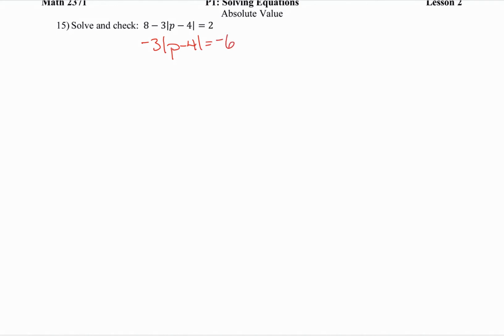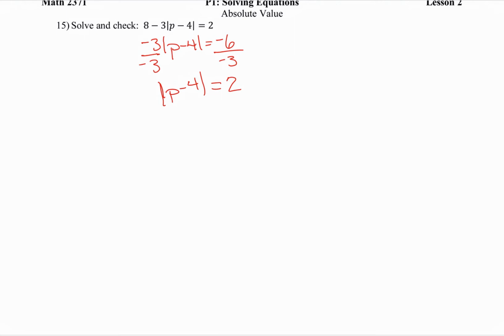Now, some students would say, oh, well, you just have the same problem you did in the last one. I don't. I have a negative 3 here. So now I'm going to divide both sides by negative 3. So what I actually have is the absolute value of p minus 4 equals 2. So I actually do have a legitimate absolute value problem.